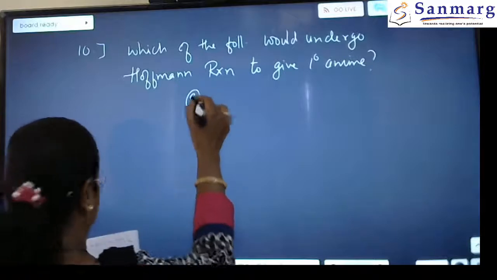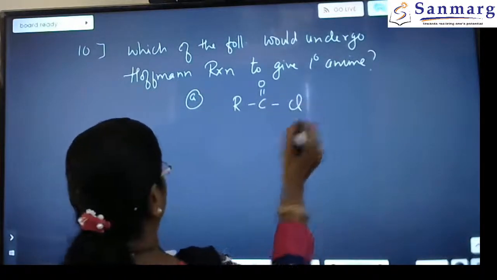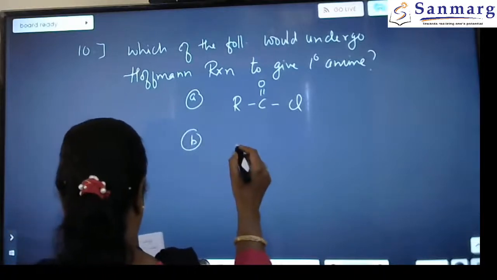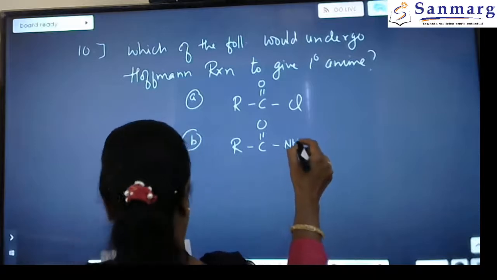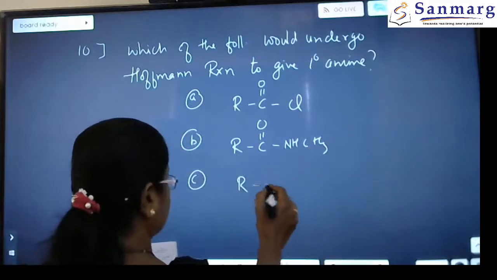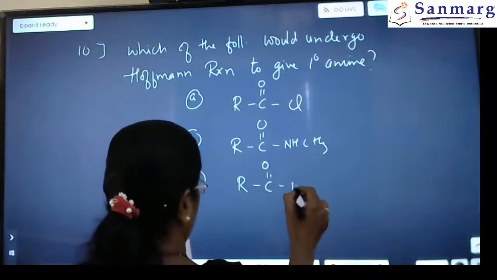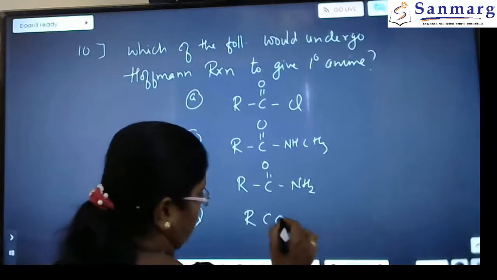A. R C double bond Cl. B. R C double bond NH CH3. C. R C double bond NH2. D. R C O R.